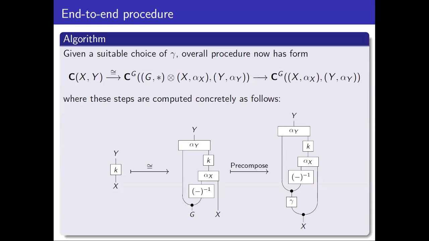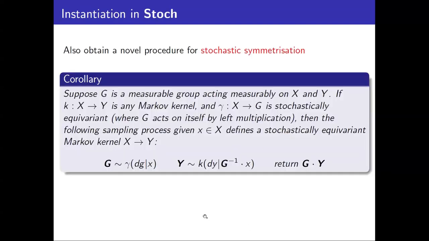Start with an input X, copy that, get a random output gamma, then plug it in, apply that to the input X, and then you also pass that through and apply that to the output. You can basically just read off the sampling process using the rules that I showed you earlier. At least take my word for it that that's the case.